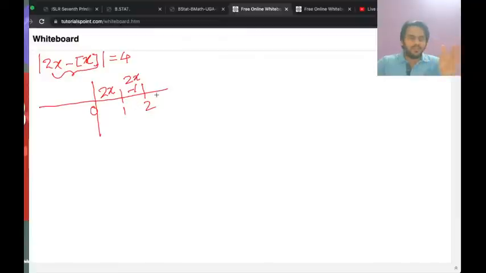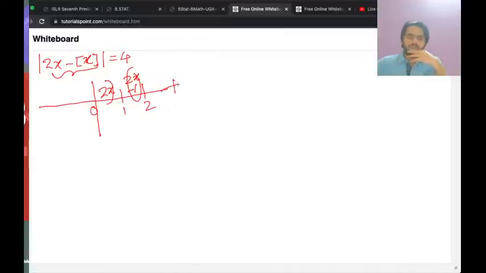So between 1 and 2, the maximum I will reach is when x is very close to 2. That will be 2 twos are 4 minus 1, 3. So the maximum it will reach is 3. Now you definitely know what pattern we are converging towards.